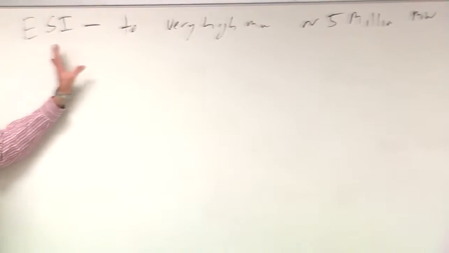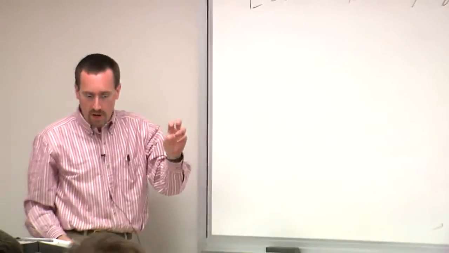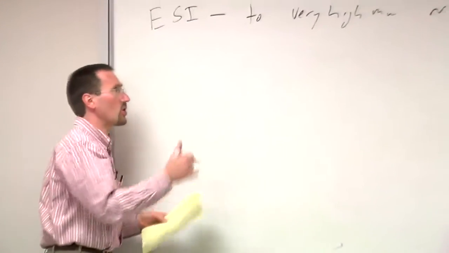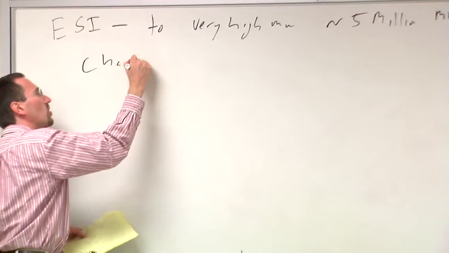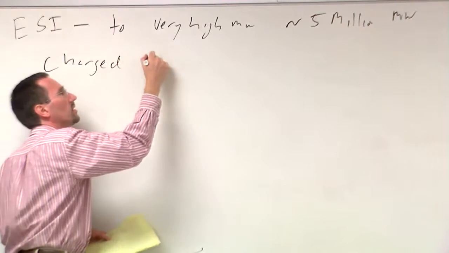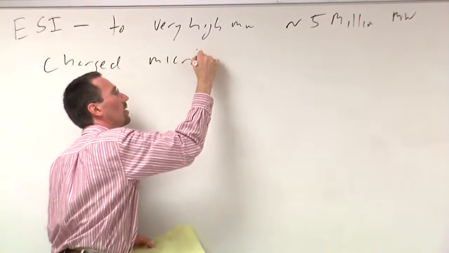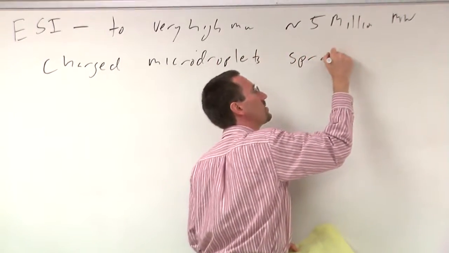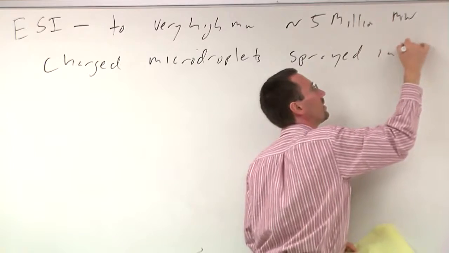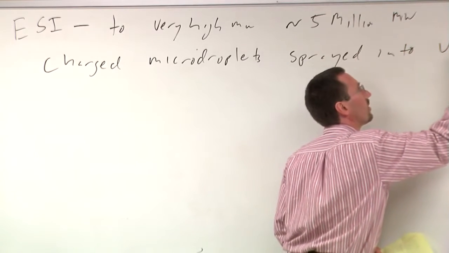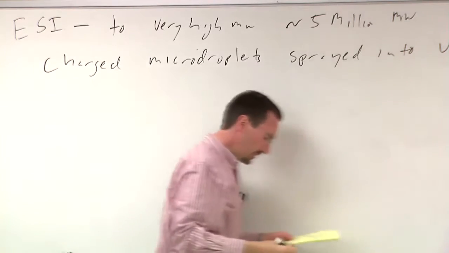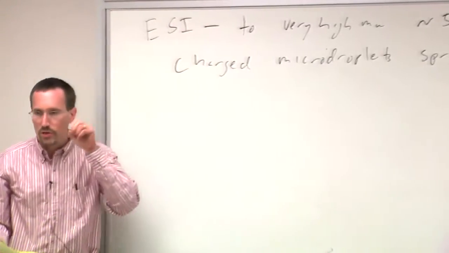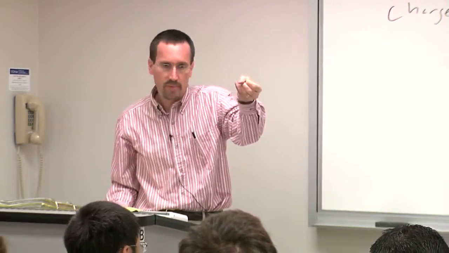The basic gist is you're spraying charged microdroplets off of an electrically charged nozzle into a vacuum. The droplets in the vacuum are in a solvent like methanol.